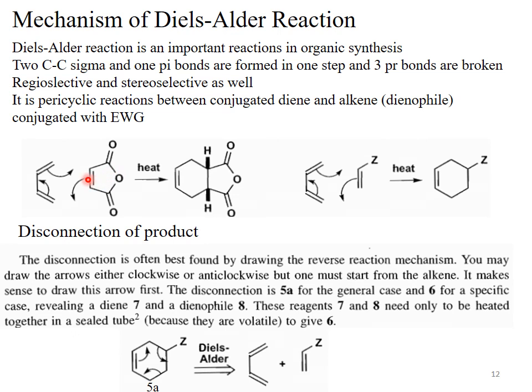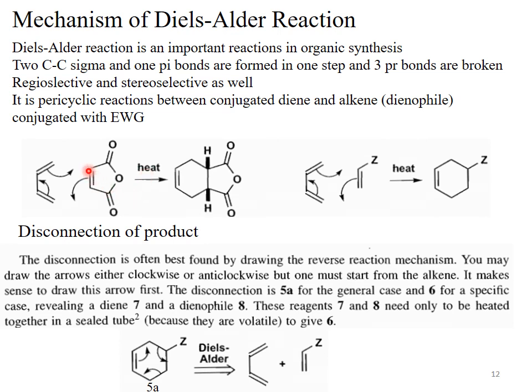See, the two hydrogens of the dienophile are cis to each other. So if the hydrogens are cis in the reactant, then they will be cis in the product also. The two hydrogens are shown by bold line above the plane. Both hydrogens are above the plane, so they are cis to each other in the product as well.